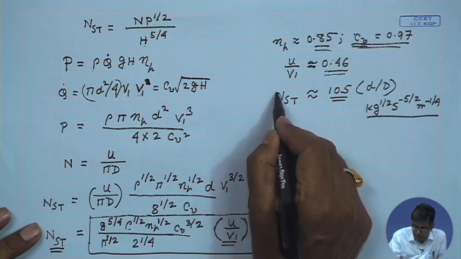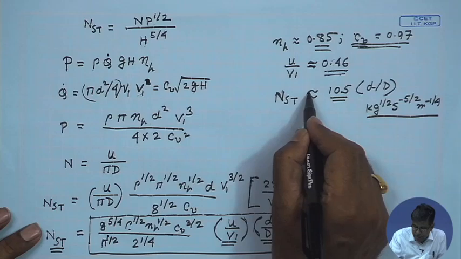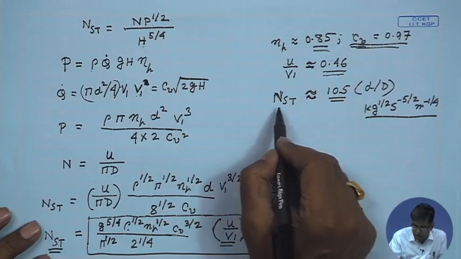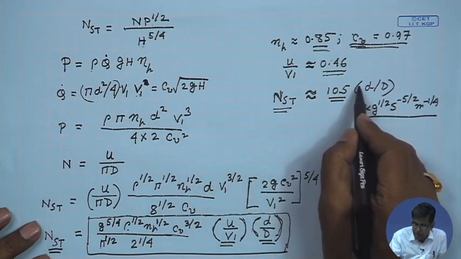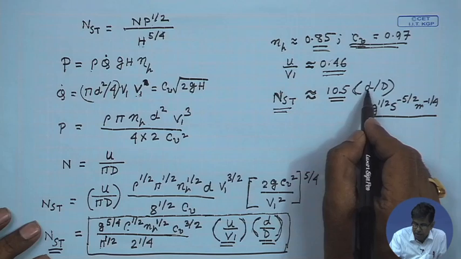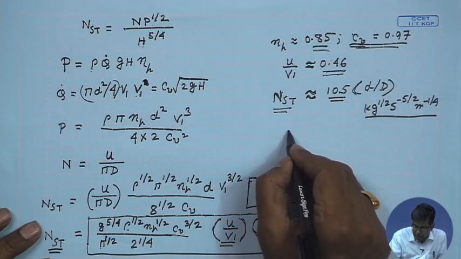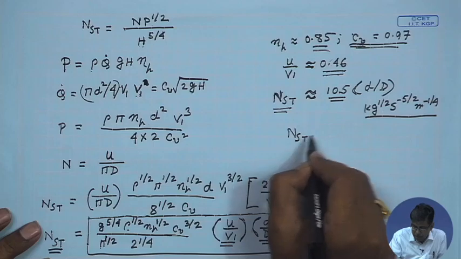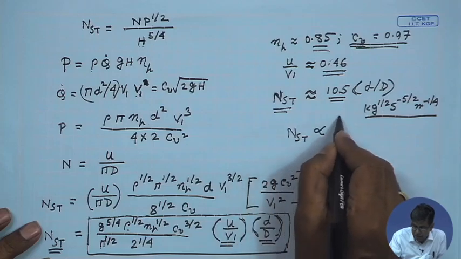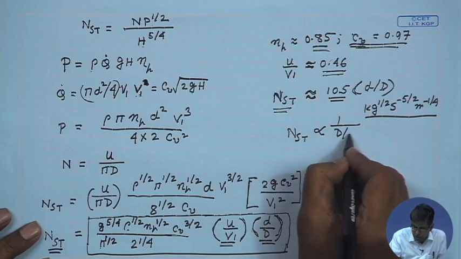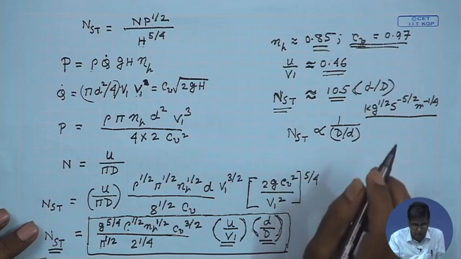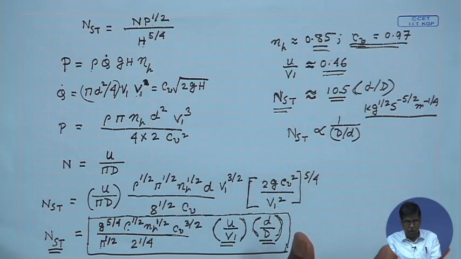This shows that under usual conditions, a Pelton wheel specific speed is a function of d by D, the ratio of jet diameter to the wheel diameter. It can be expressed in this fashion, that this is inversely proportional to the ratio of wheel diameter to jet diameter. This is one very important piece of information.